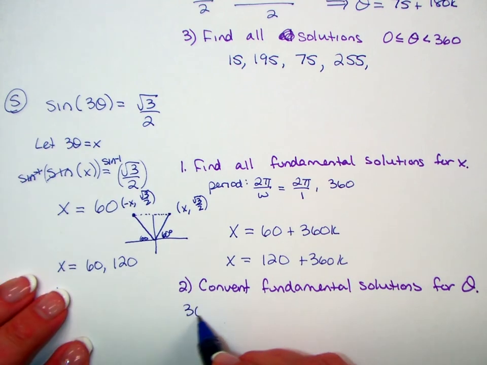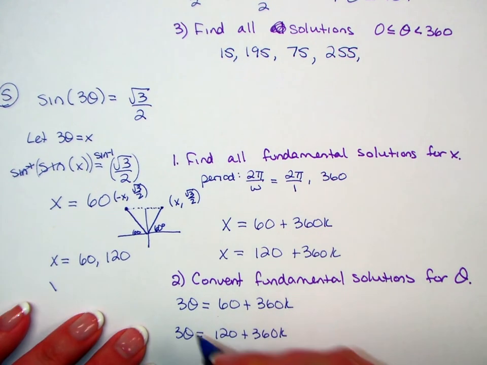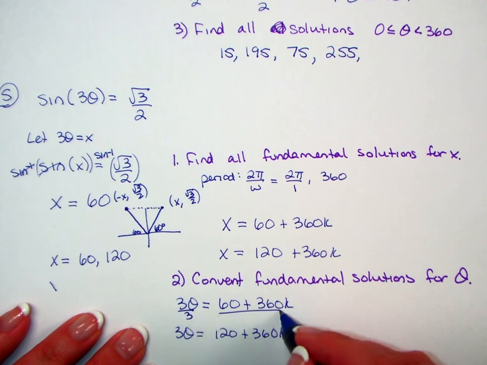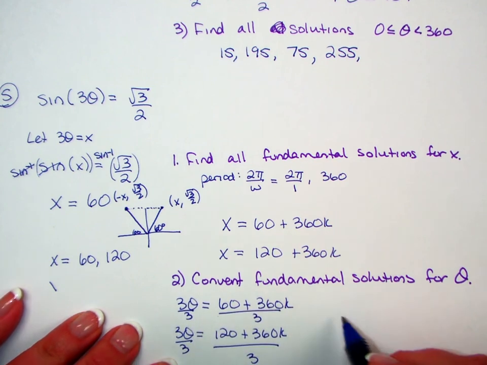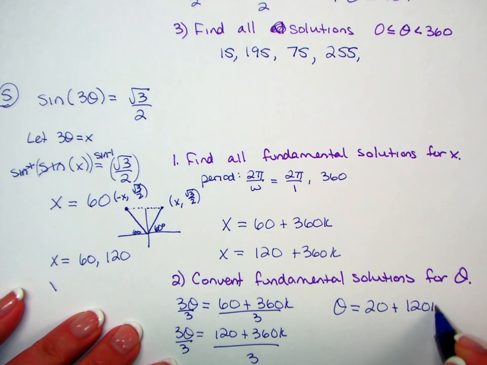So I have 3 theta equals 60 plus 360k, right? And 3 theta equals 120 plus 360k. So if I wanted to solve this for theta, I'm just going to divide both sides by 3. And I get theta equals, don't forget to divide both, I'm going to get 20 plus 120k.